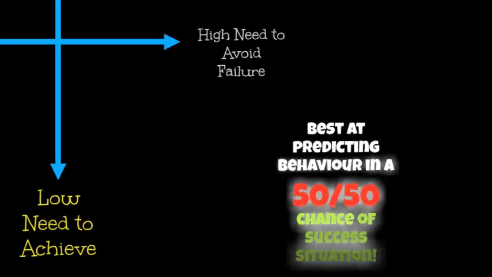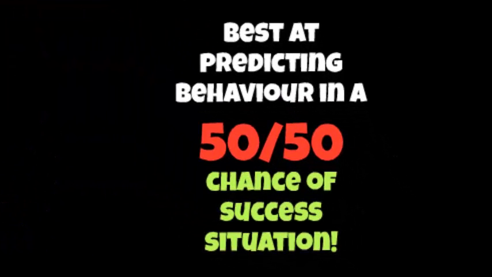Now the key concept about this theory is that they decided that individuals would be along somewhere on these continuums whenever there was a 50-50 chance situation. Whichever one you were, high need to achieve or high NAC, low need to achieve or low NAC, that would generally predict your behaviour in that situation.